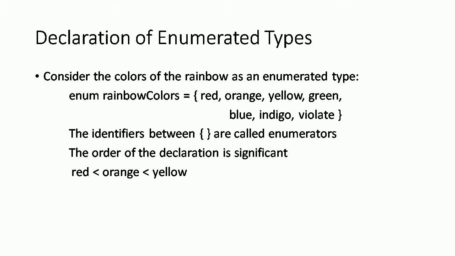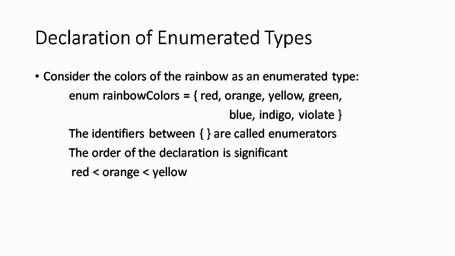You can give the name: enum months = {JAN, FEB, MAR, APR, MAY, JUN, JULY, AUG, SEP, OCT, NOV, DEC}, ended with curly braces. The identifiers between the curly braces are called enumerators. These are months.